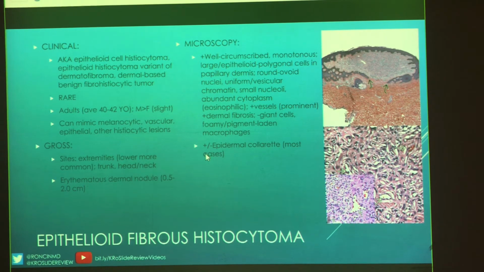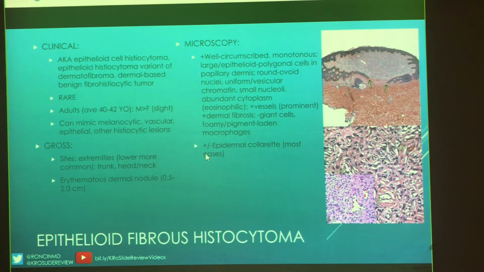It's a very rare lesion, and it's often seen in middle-aged adults with, again, a slight male predominance. And I hope that you guys can appreciate why these can mimic either melanocytic, vascular, epithelial, histiocytic lesions.